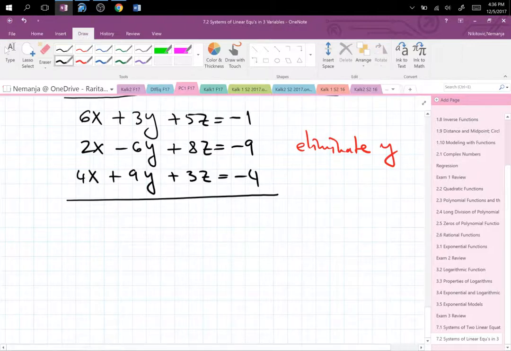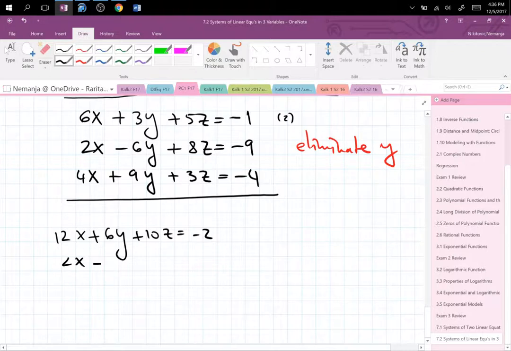So I need to multiply the top equation by 2. So I get 12x plus 6y plus 10z equals negative 2, along with 2x minus 6y plus 8z equals negative 9.